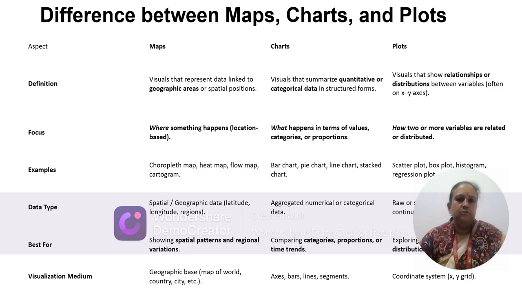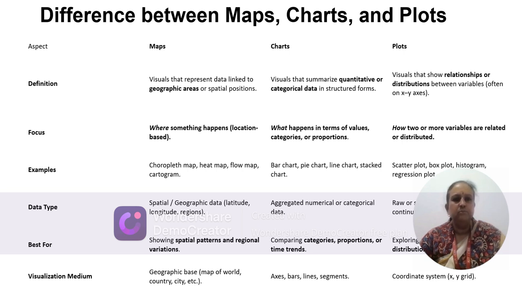In charts, aggregated numerical or categorical data. In plots, raw or statistical data can be used. Maps are best for spatial patterns or variations, charts are used for categories or time trends, and plots are mainly used for exploring distributions.